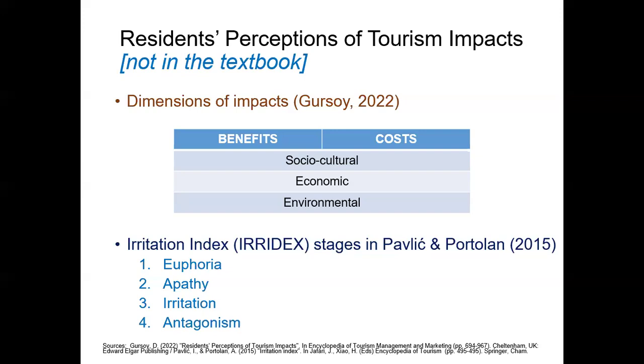First, a stage of euphoria when tourism starts and develops an economy and brings benefits to people and employment. But then another stage is apathy once the hype for tourism growth passes. And then it's possible that you have irritation when the problems and issues that accompany tourism and hospitality activities are manifested in the life of residents, and to the extreme that it may be a stage of antagonism.